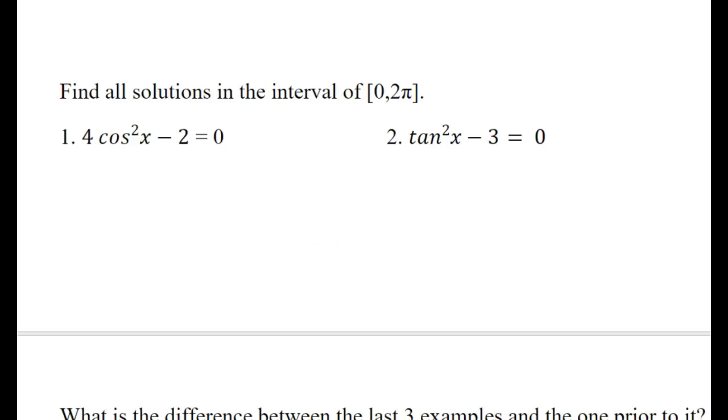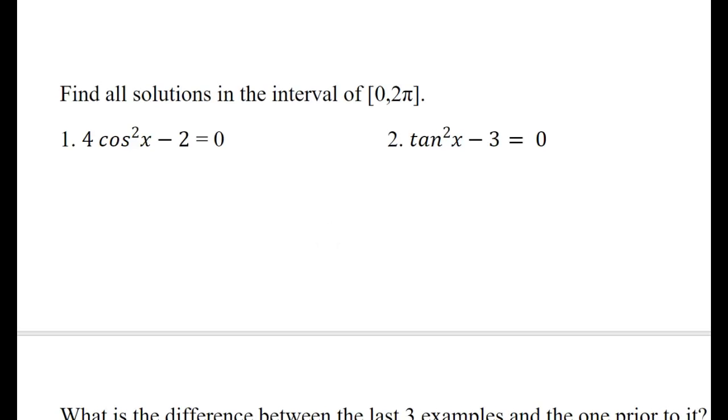Now, if you guys remember in Algebra 2, if ever we asked you to find solutions or to solve a quadratic polynomial, what would you do first to solve? Right, that's what you do first, always. What method are you doing?